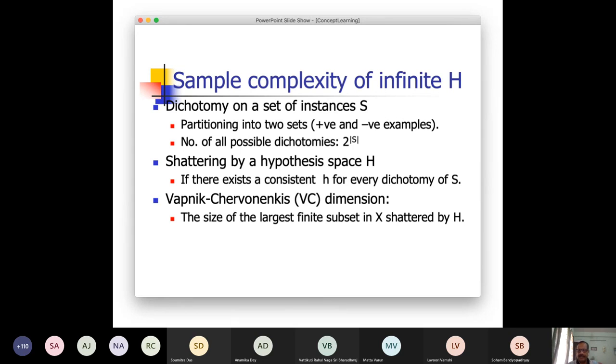So if I take a larger set X, with more elements in X, then you will find that it is not possible. There would be a dichotomy for which you will not find any hypothesis which is consistent, which means your version space will be empty.